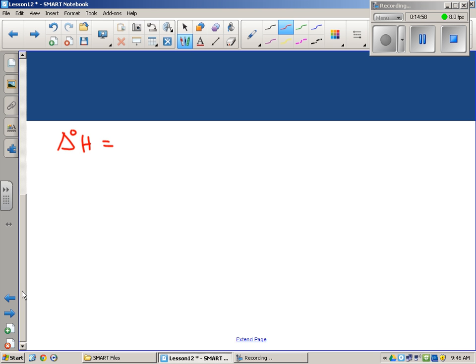It basically just means the enthalpy change for this equation. You're going to take the sum of the products minus the sum of the reactants. So you don't need the whole entire formula. Really, all you need to know is this: it's the products minus the reactants. Products minus reactants. That's all it is, okay?